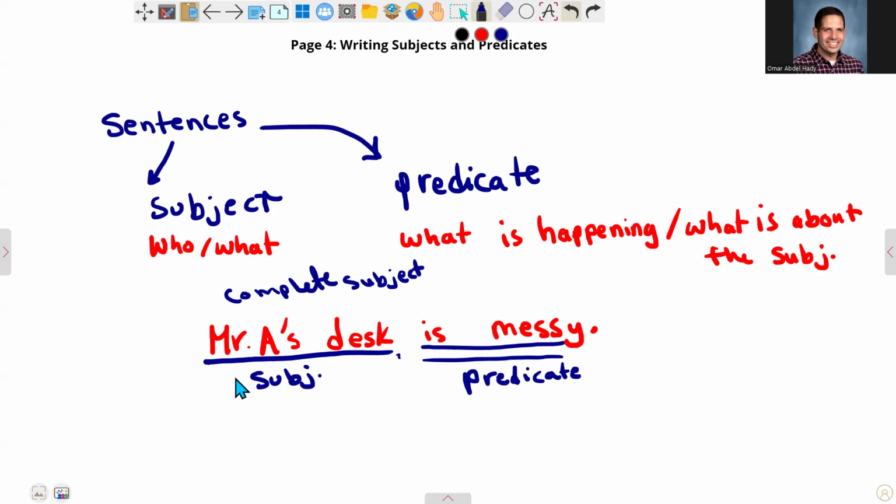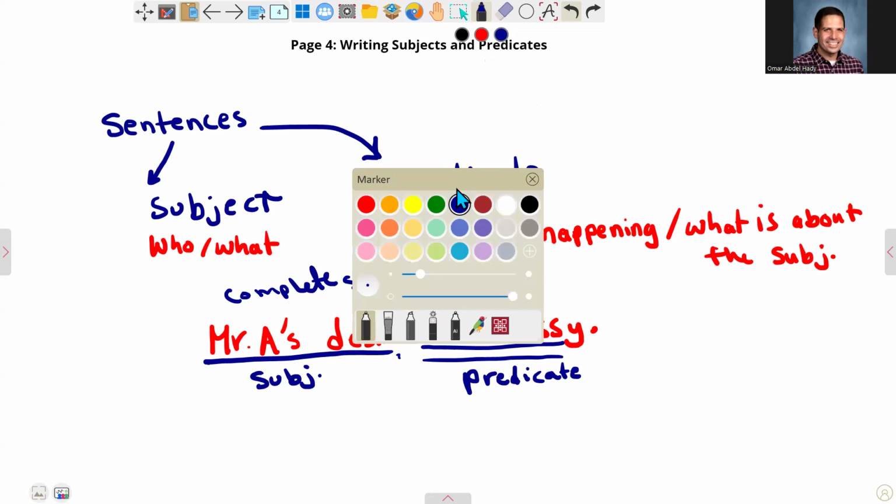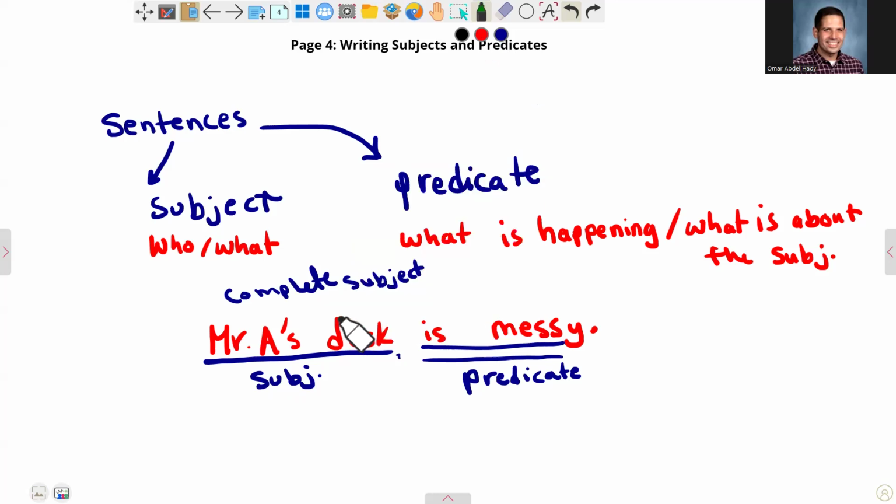Which is messy, Mr. A's or his desk? And you will figure out that we're talking about the desk, right? So desk is a simple subject. A simple subject is just one word and it's part of the complete subject.